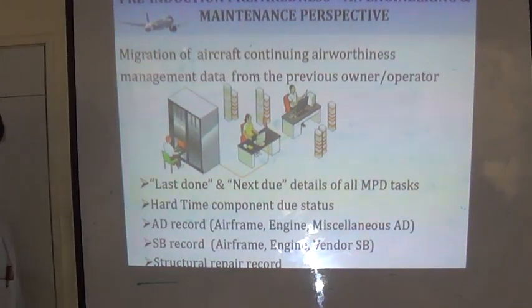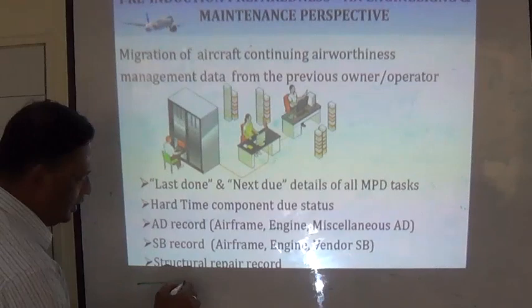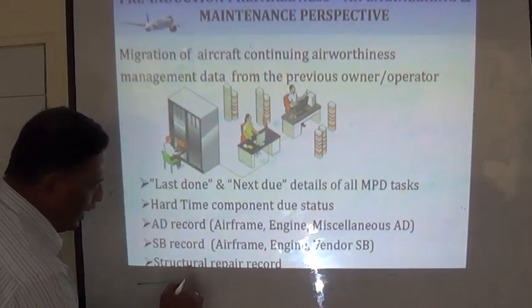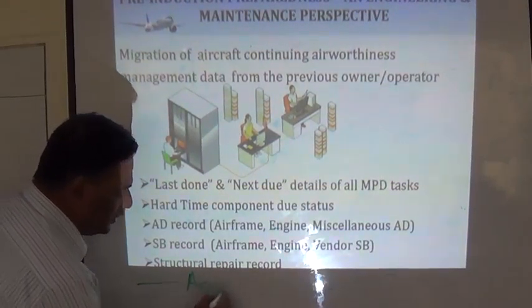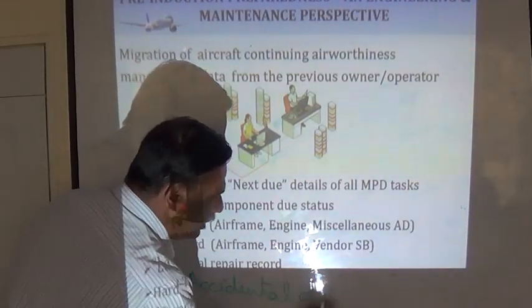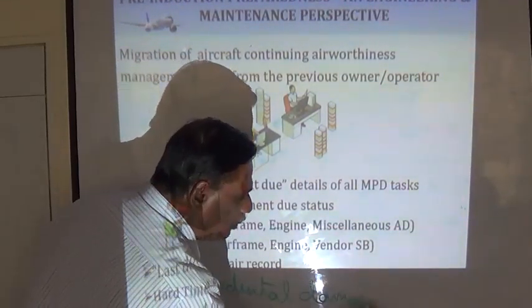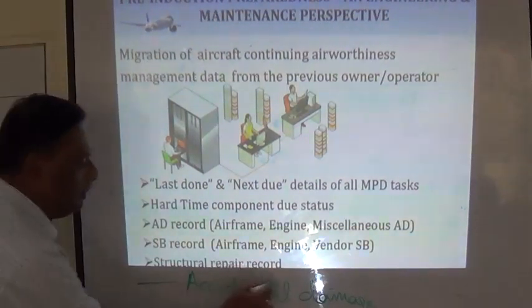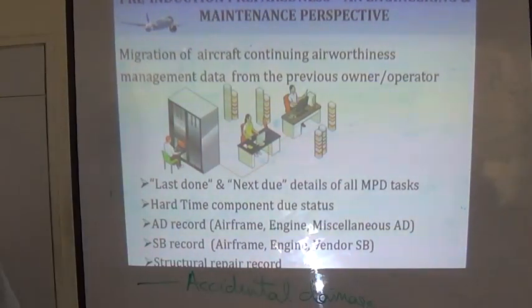Then the aircraft suffers three types of damage, and one damage is called accidental damage. That means ground equipment came and hit it, or some dent here. Over the life cycle, so much dent and damage gets accumulated on that aircraft.